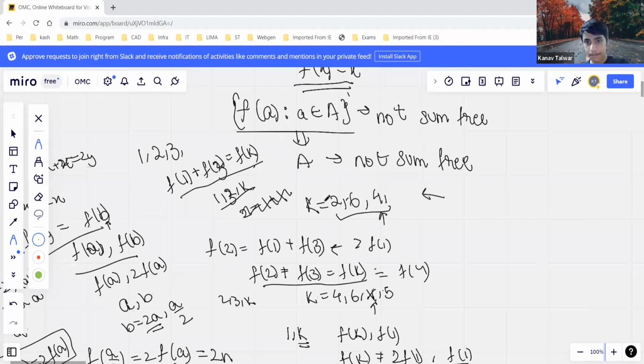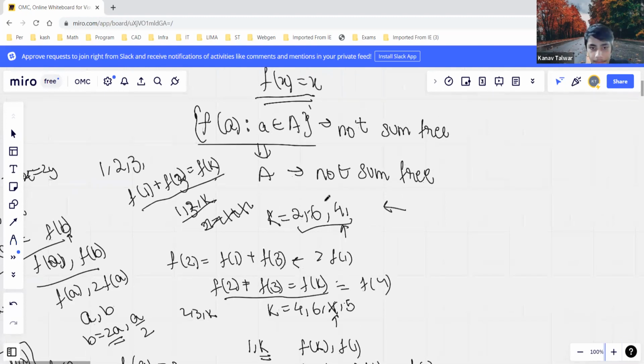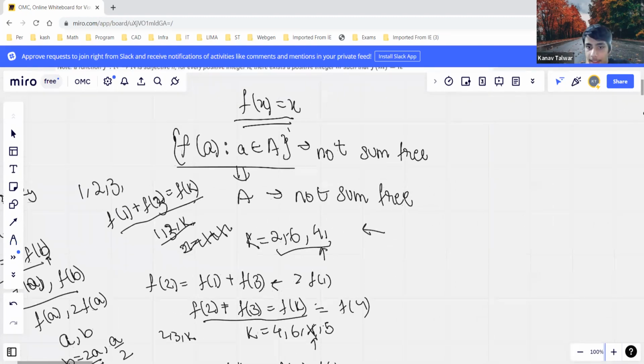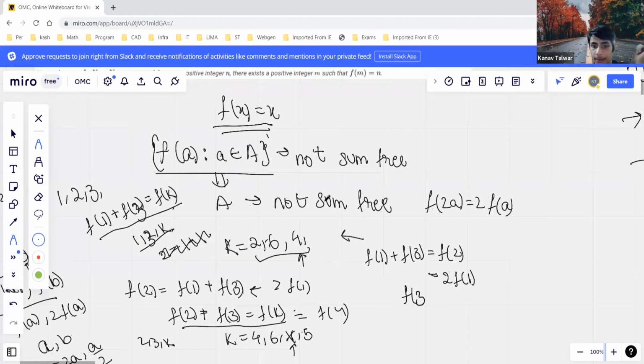So what if k were 2? Then we actually have that f of 1 plus f of 3 is equal to f of 2. But we just proved f of 2 is equal to twice f of 1, just because we have f of 2a is equal to twice f of a. Right? So now we have that f of 3 is equal to f of 1.